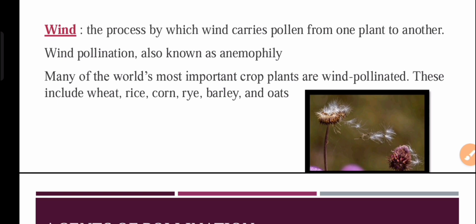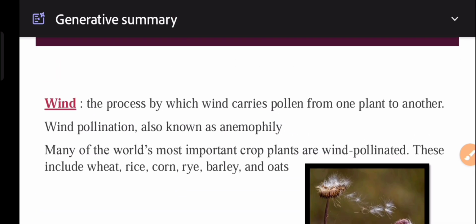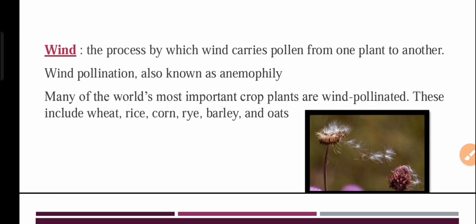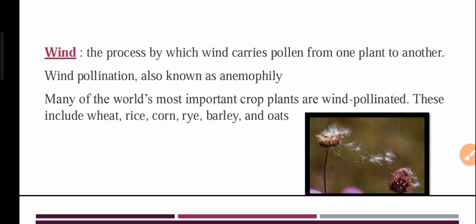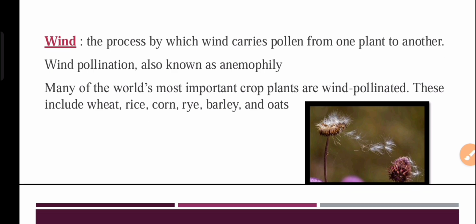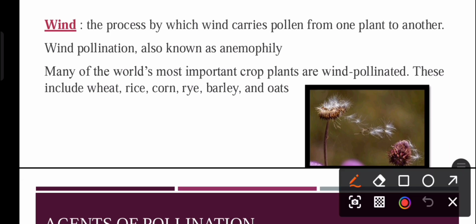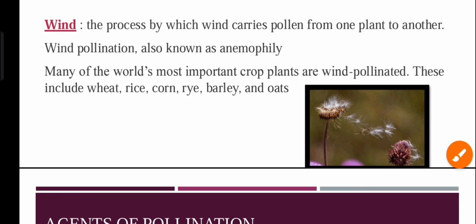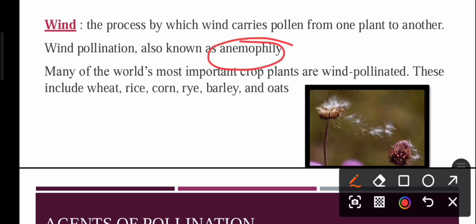Coming to wind pollination. This is the process of pollination by which the pollen grains are carried by the wind from one plant to another. Wind pollination is also called anemophily.